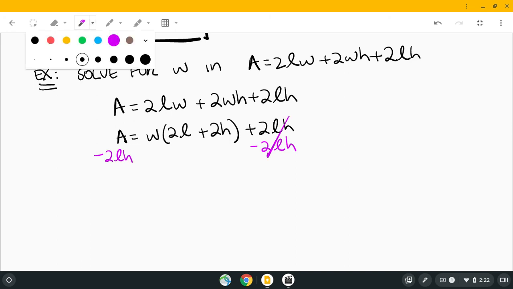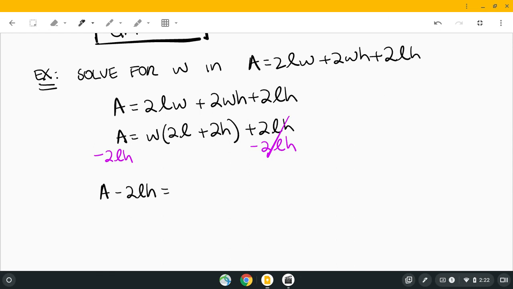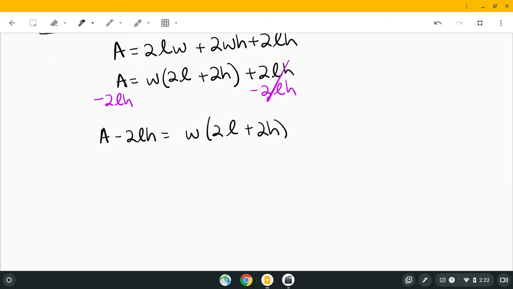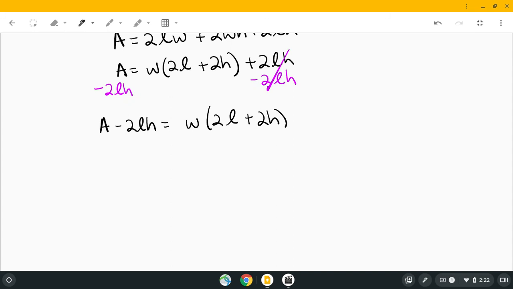Okay, and then that will give me A minus 2LH equals W times 2L plus 2H. Now I want to get that W by itself, so I will divide both sides by 2L plus 2H, because this is a multiplication.